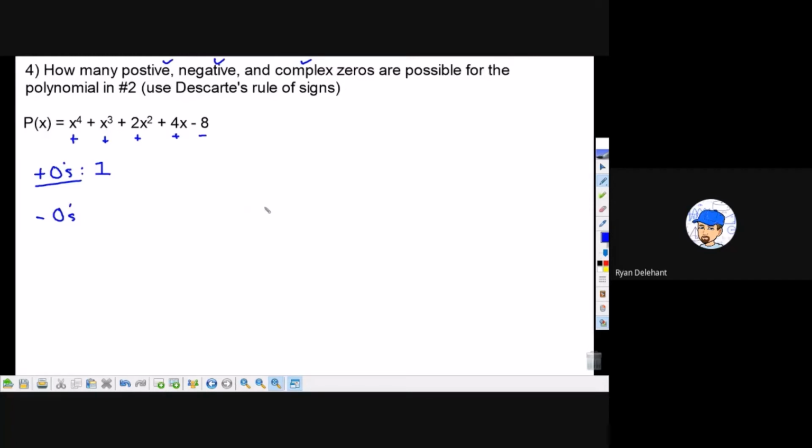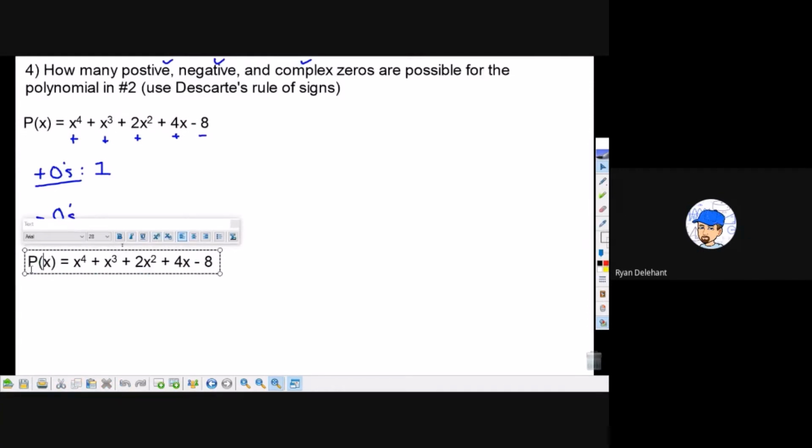Now let's do the negative zeros. Now when we do negative zeros, what's happening is we're making this negative, okay? And what it does is it makes the x negative in each one of these things.